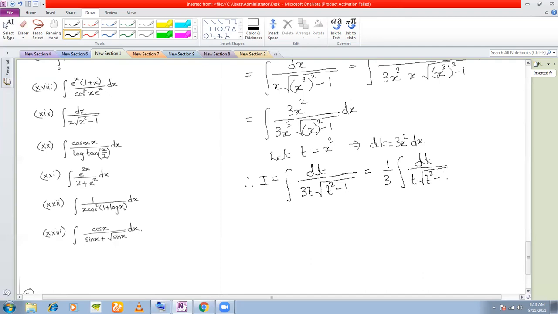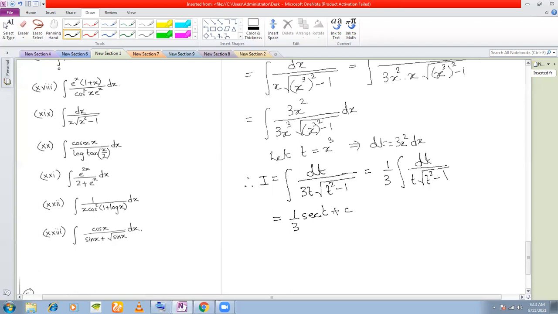Now, what is the integral of dx by x root x square minus 1? If you recall from your formulas, the first set of formulas that I gave you in integration, it is sec inverse t. Even if you are not able to recall this, just recall that the differentiation of sec inverse x is 1 by x root x square minus 1.